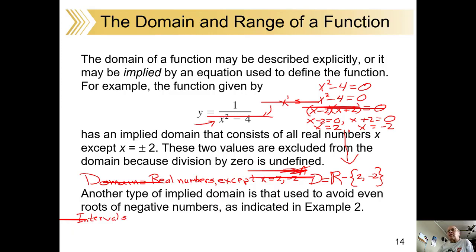Now if you go back up here, we're talking about the real numbers, that's all the numbers on the x-axis, for example, the real number line, except for 2 and -2. So if you're going to graph it, you'd fill in the whole number line, but you'd erase 2 and -2. So picture-wise, it looks a little bit like this. There's the 0. There's -infinity out in that direction, positive infinity in this direction.